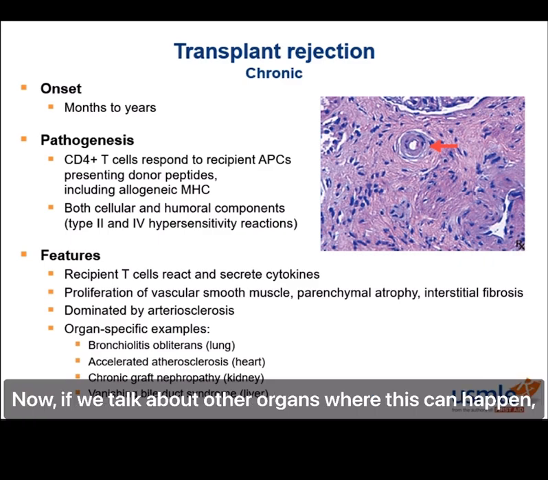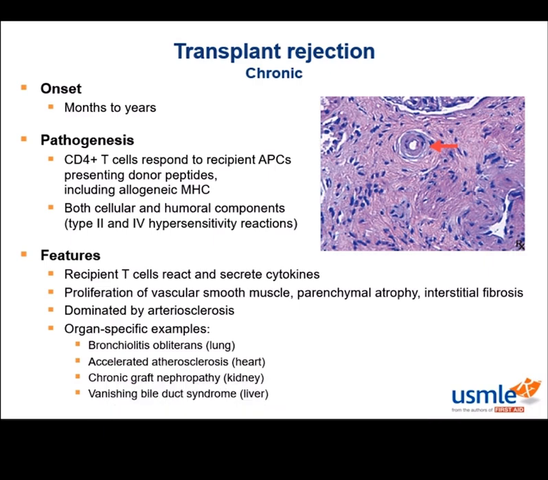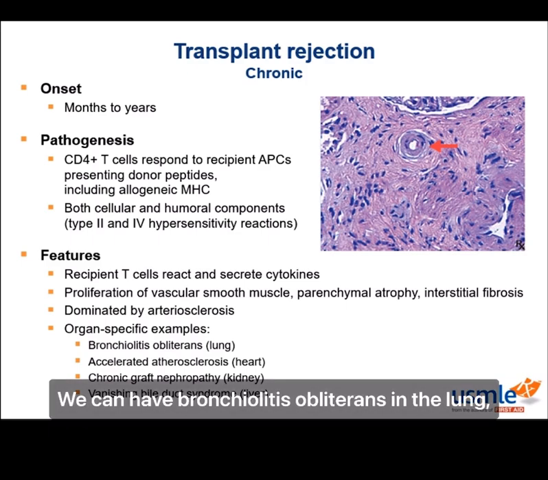Now, if we talk about other organs where this can happen, just thinking about the other things that can slowly lose its lumen. We can have bronchiolitis obliterans in the lung, accelerated atherosclerosis in the heart, chronic graft nephropathy in the kidney, and vanishing bile duct syndrome in the liver.